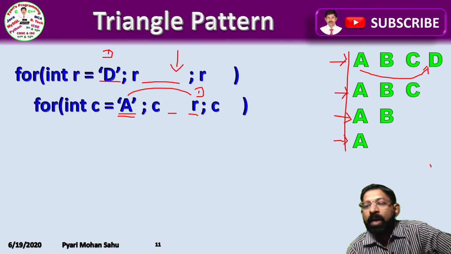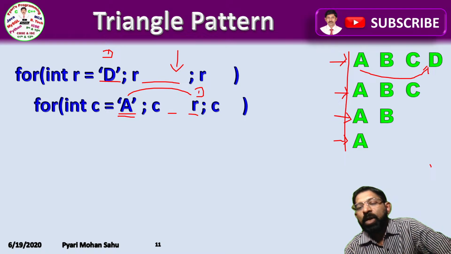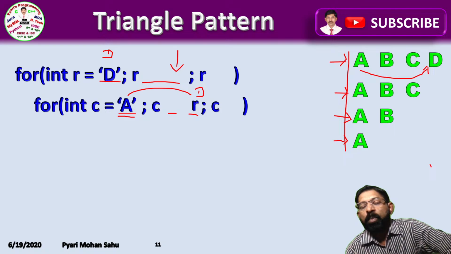If you are taking alphabet in a condition, then initialization must be alphabet. If initialization is alphabet, then condition must be alphabet. Last time you people did like this.